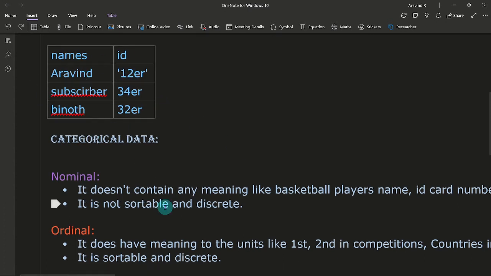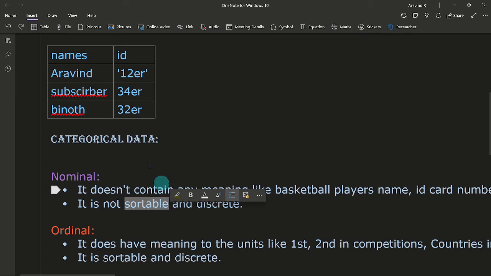It does not have any meaningfulness. It doesn't have any order. It is not sortable. Sorting is nothing but arranging in ascending or descending order.